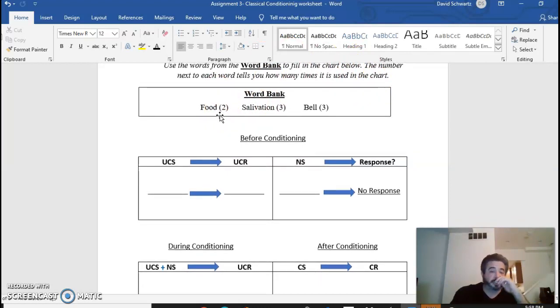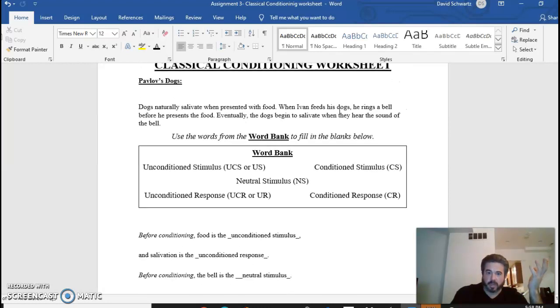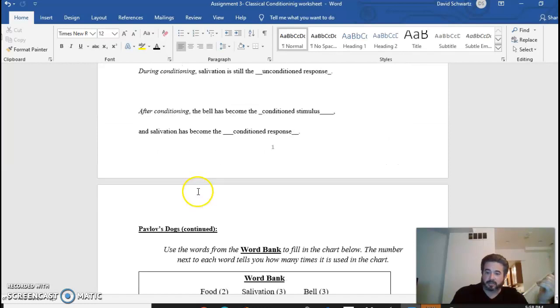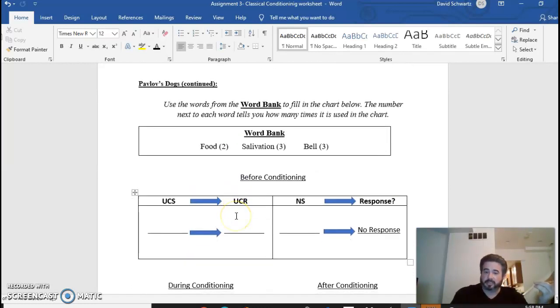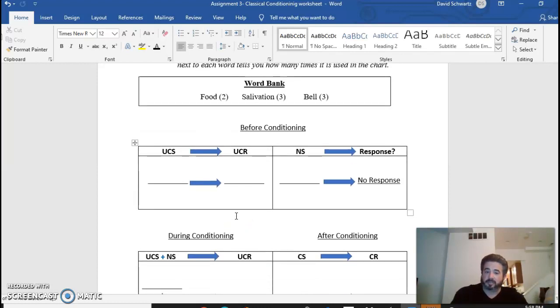And here are 3 words: food, salivation, and bell, corresponding to unconditioned stimulus, unconditioned response, neutral stimulus, conditioned stimulus, and conditioned response.